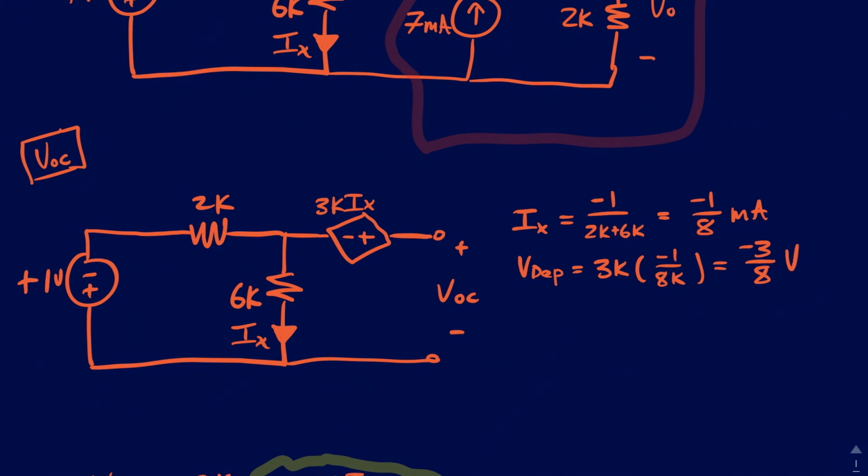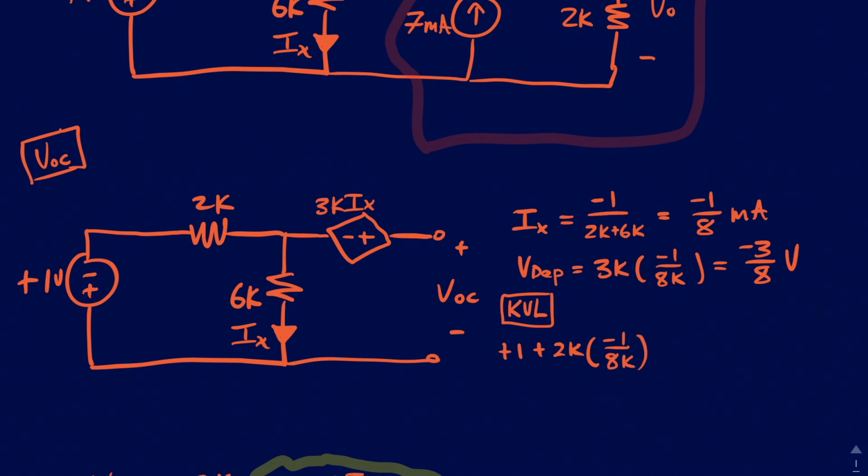So to find VOC, there's different ways that you can go about this. I'm just going to do a KVL loop across the entire outside. So we're going to have plus 1 volt. Then we're going to have a voltage drop across that 2K. So we'll say 2K, and then the current going through that 2K is going to be IX, which we found to be minus 1/8.